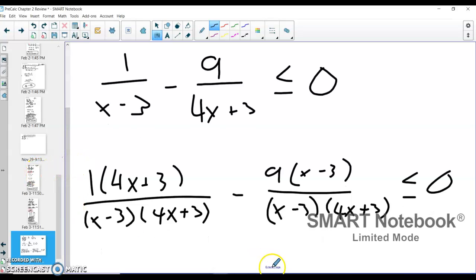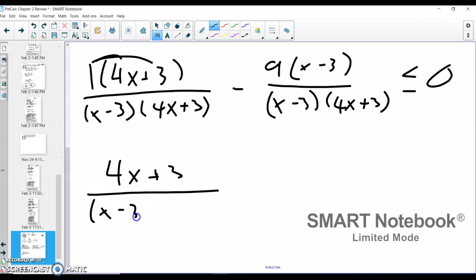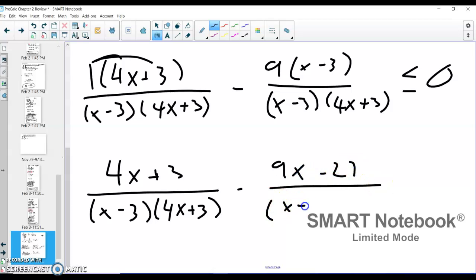All right, time to continue to simplify this until I can get it as one term. This is going to be 4x plus 3, because I distribute the 1 to both terms, over x minus 3 times 4x plus 3, minus, distribute the 9, that's going to be 9x minus 27 over x minus 3 times 4x plus 3.